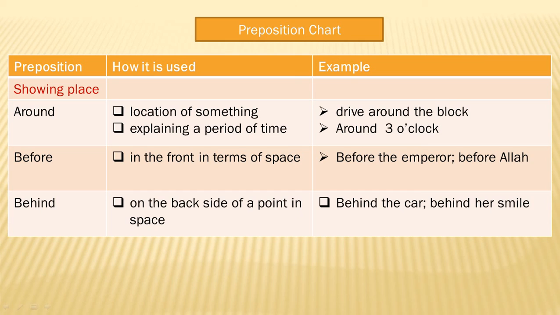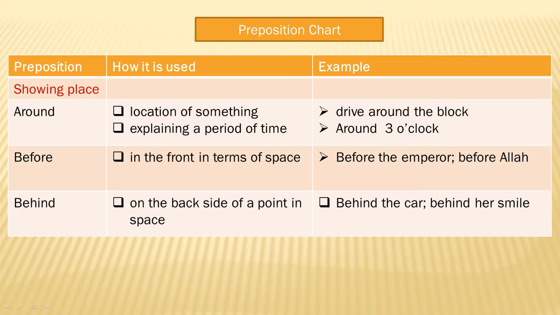This preposition is also used in prepositions of time, but here before has been used before a place. In front, in terms of space. Before the emperor, before Allah. Behind, on the back side of a point in a space. Behind the car, behind her smile.